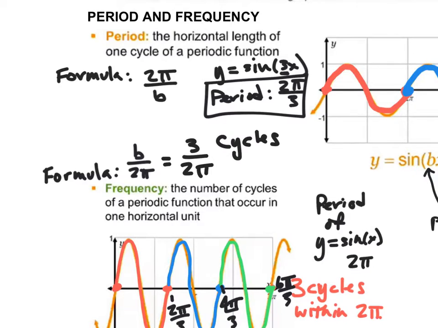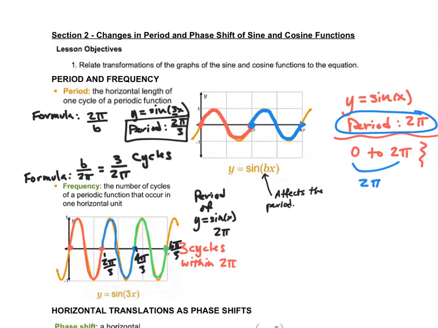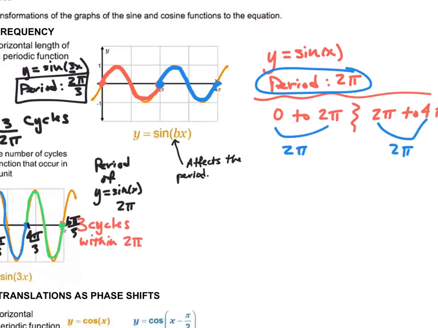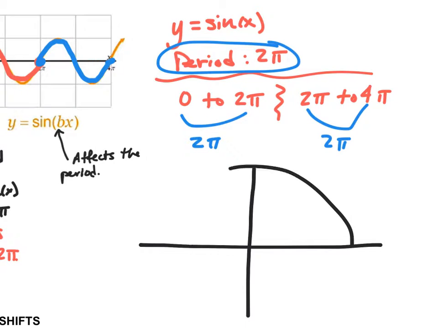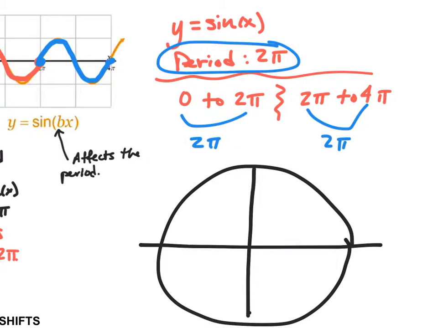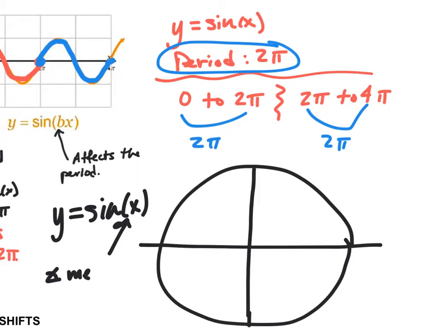Now, another thing that is happening in this scenario is, let's think about what's happening to the unit circle. Let's think about what x represents in the unit circle. If I do y equals sine of x, remember x represents your angle measure.